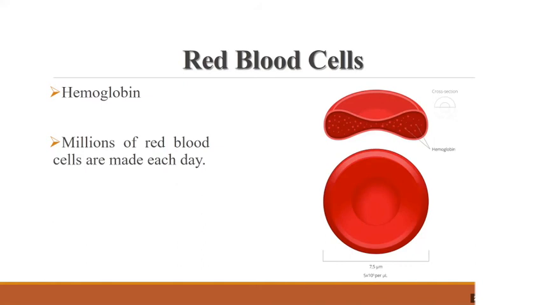Also, once their oxygen is given to the body, they will carry carbon dioxide. And if they're so important, why does the body make millions of them die each day? So they can make millions more? Don't know why, but millions of red blood cells are made each day, and millions of red blood cells die each day.